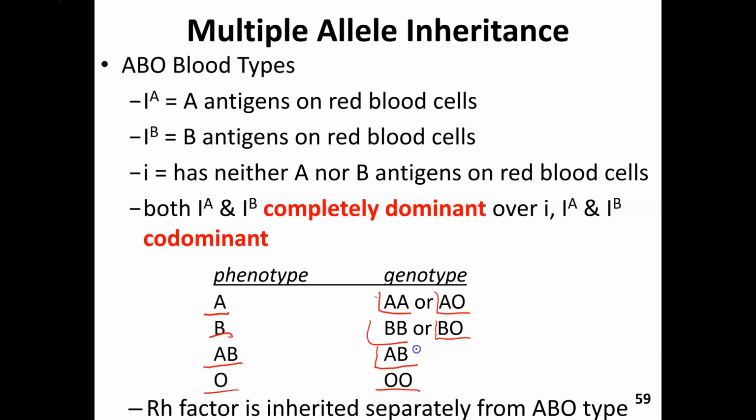So I will say AB is the least common blood, and O is most common.